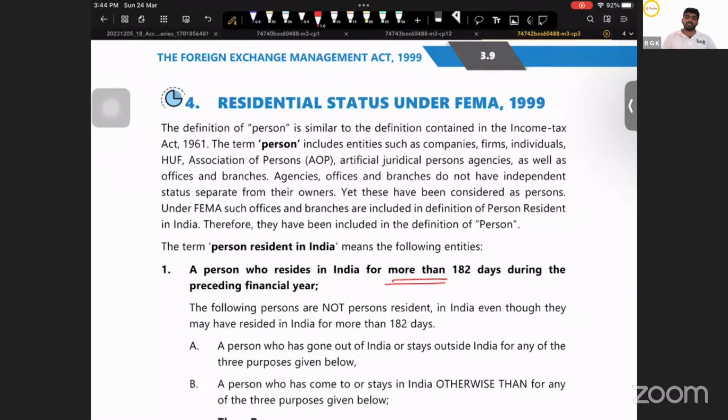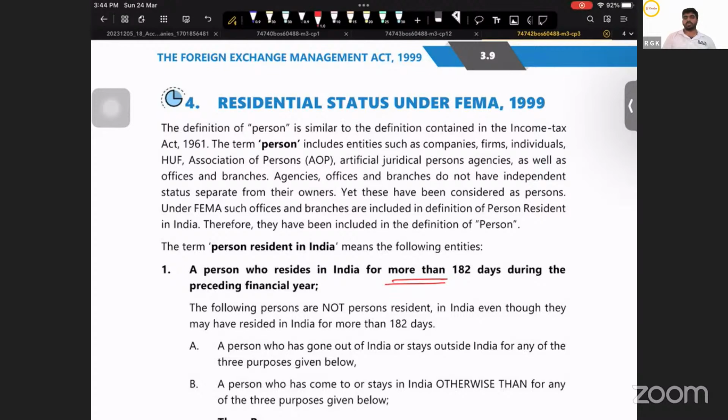The following persons are not persons resident in India, even though they may have resided in India for more than 182 days. Now comes the second test. The first test is to ask the person whether he is in India for more than 182 days.